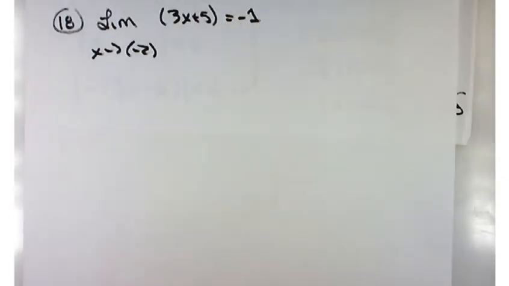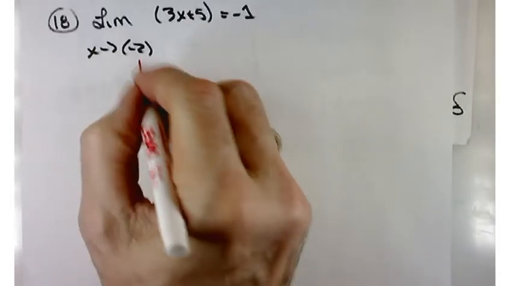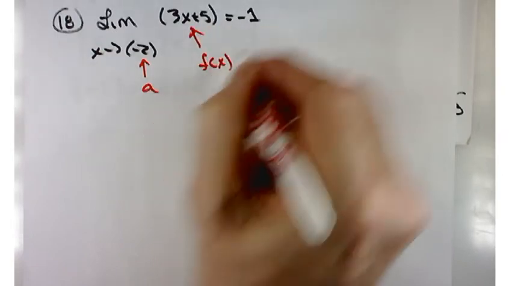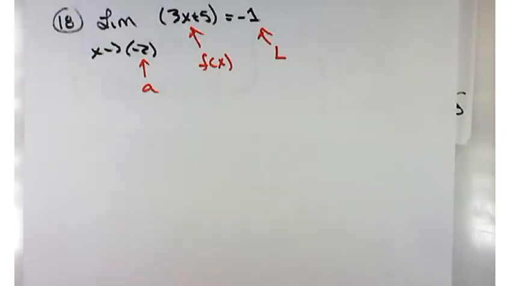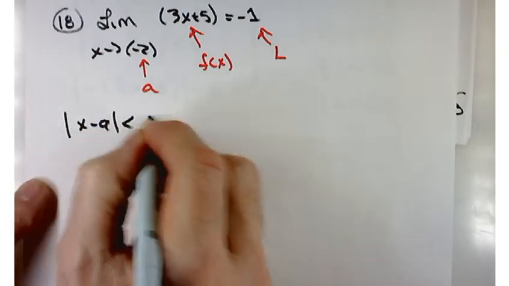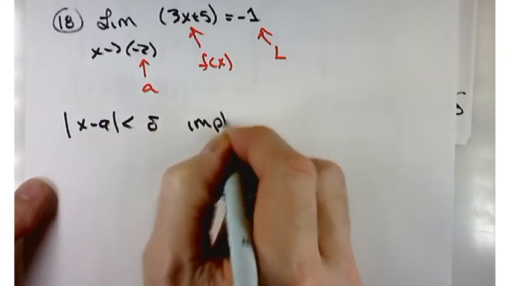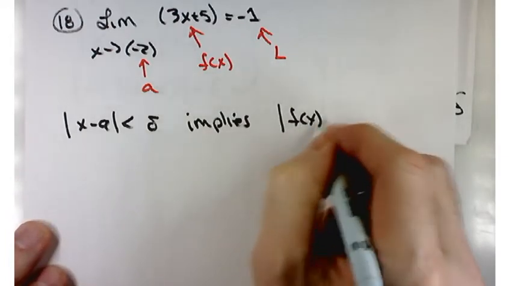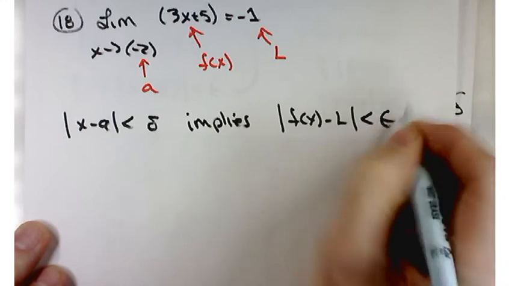But if you're going to prove that with epsilons and deltas, then we've got to take note of a few things. This is your A. That's your f of x. And that's your L. What we want to show is that the absolute value of x minus A is less than delta implies the absolute value of f of x minus L is less than epsilon.